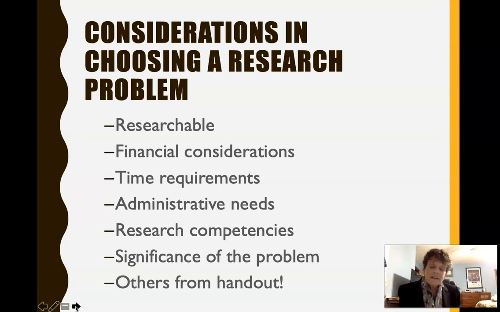And then the significance of the problem. Just because it's significant to you doesn't necessarily mean that it is significant to the entire field that you are involved in, or significant to others. So you kind of have to field test your ideas, and this is where you work with your chair and you say, okay, this is what I'm thinking I want to do, and you talk it back and forth and you get some input from others.